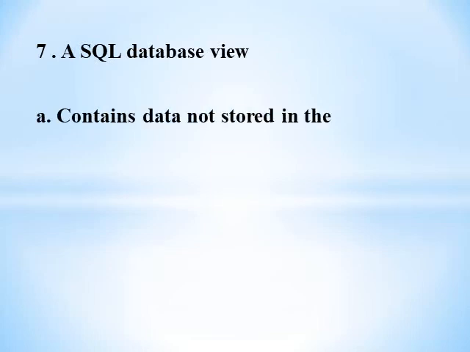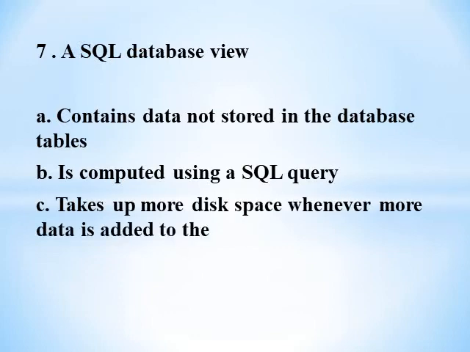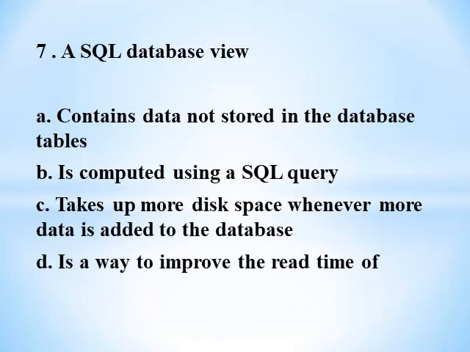A SQL database view: options are contains data not stored in the database tables, is computed using a SQL query, takes up more disk space whenever more data is added to the database, is a way to improve the read time of a table in a database. A view is a virtual table that actually does not exist, right?